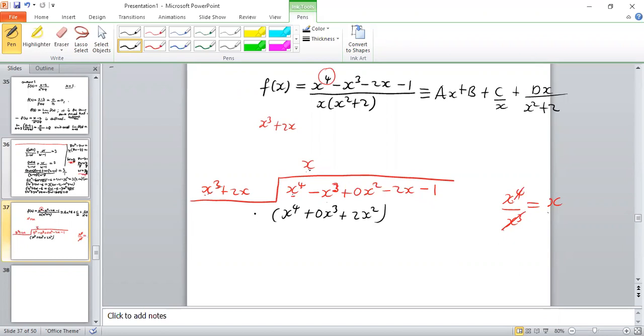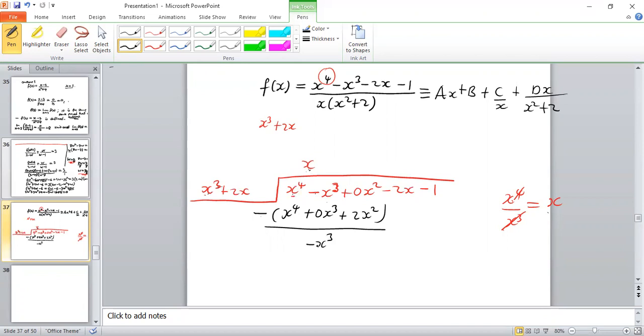Then we subtract. x to the power 4 minus x to the power 4 gives 0. Then we have minus x to the power 3 minus 0, so it will just be minus x to the power 3.